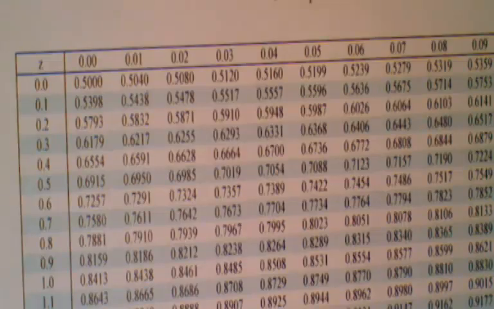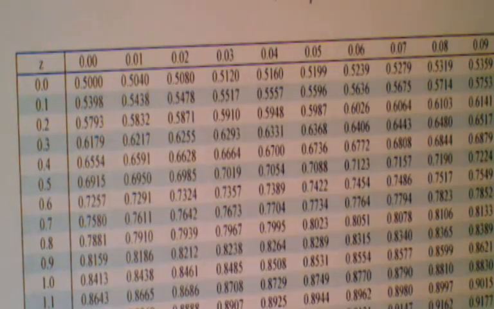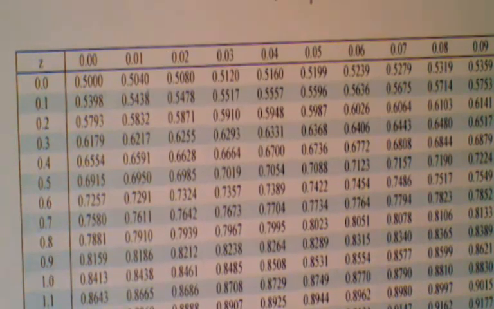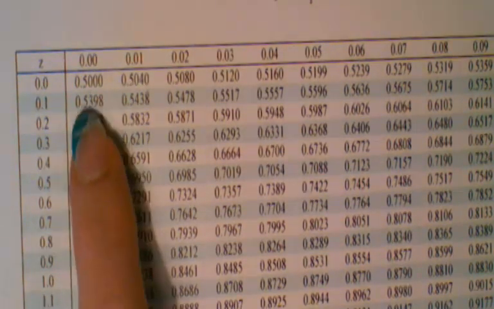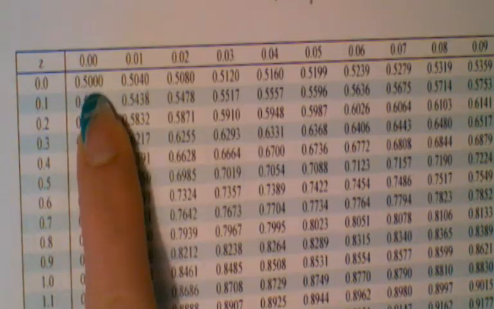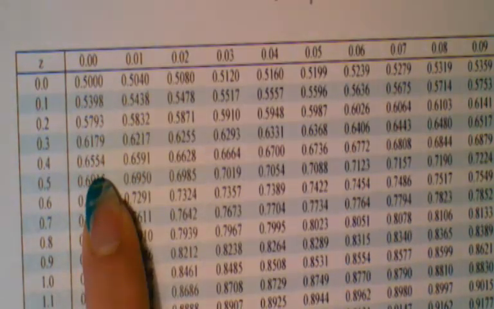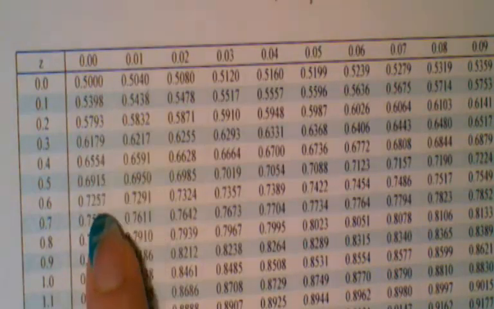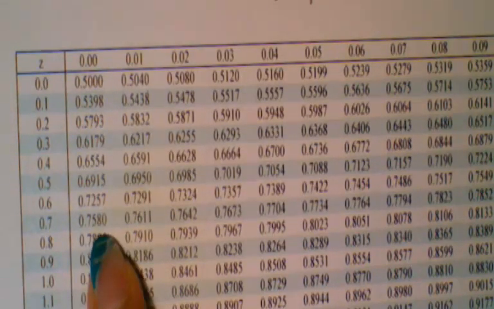To find the 75th percentile, this time I'm looking in the areas in the body of the table, and I'm looking for the value closest to 0.7500. I go down the first column of areas, the second column of the table, and follow down until you see the last number less than 0.75. You see 0.7580, that's bigger than we want.